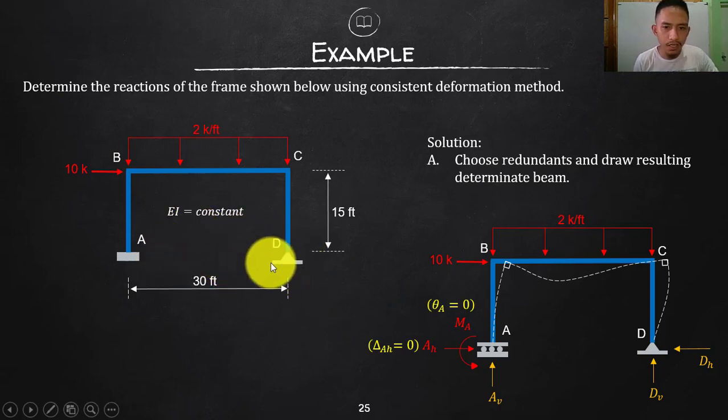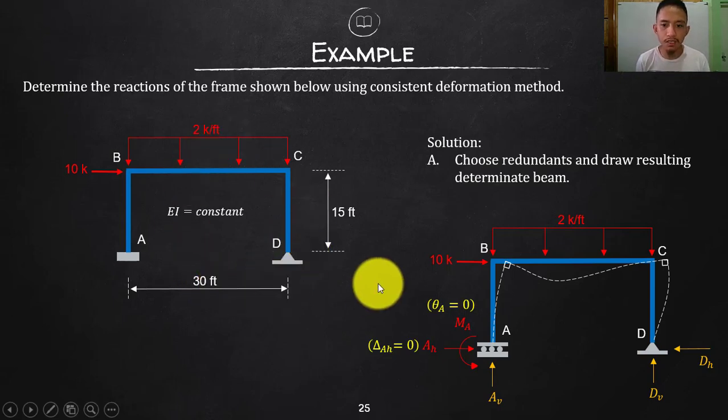If you want, you can remove the entire pin so that you release 2 redundants already, and you have 3 remaining restraints, which can be solved later using statics. But it's up to you. If you do that, you need to satisfy the condition that the original deflection at D, horizontally is 0 and vertically is 0.